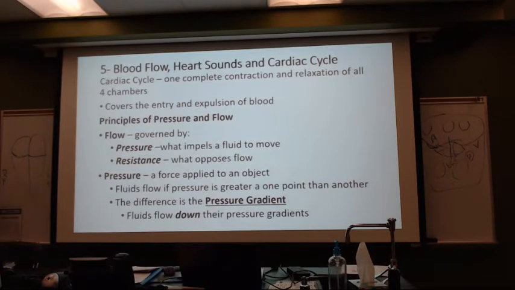So as the blood returns to the heart, and we're getting the blood flow, when the atria are empty, pressure is low.